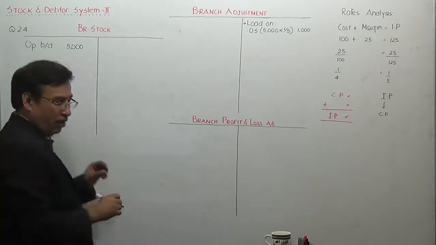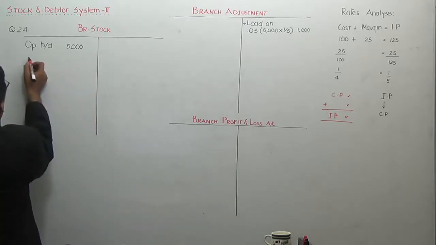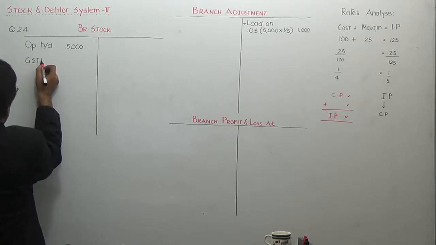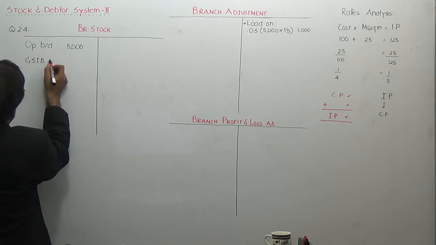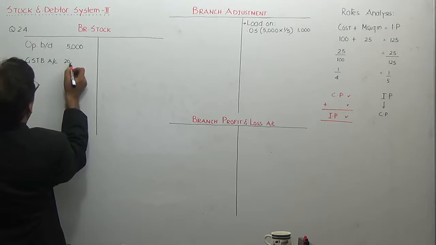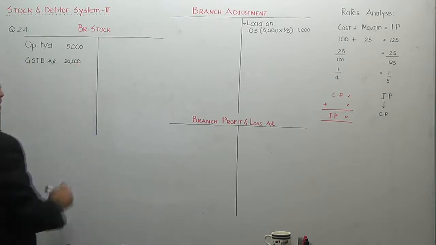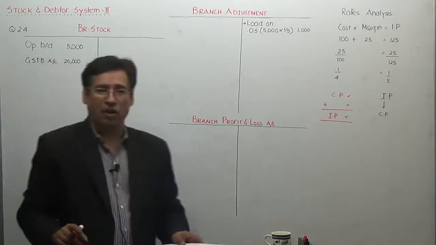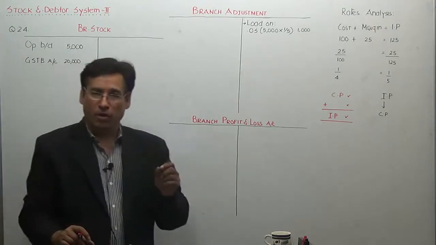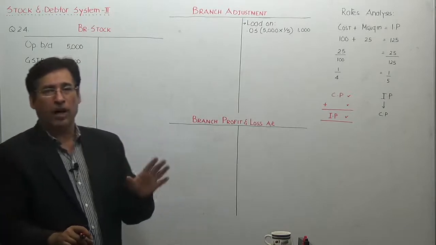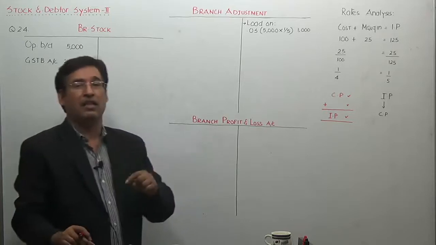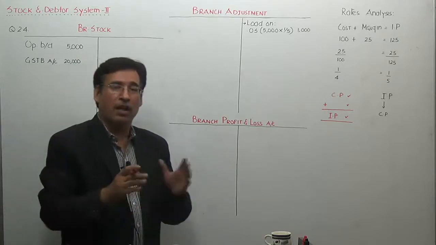Now goods sent to branch is 20,000. So I will write here goods sent to branch 20,000. Since nothing is given, whether this is at cost price or at invoice price, you must presume that it is at invoice price. That's the point I was talking about. Anything given below in the question with respect to goods shall always be at invoice price, unless I add something extra to it.